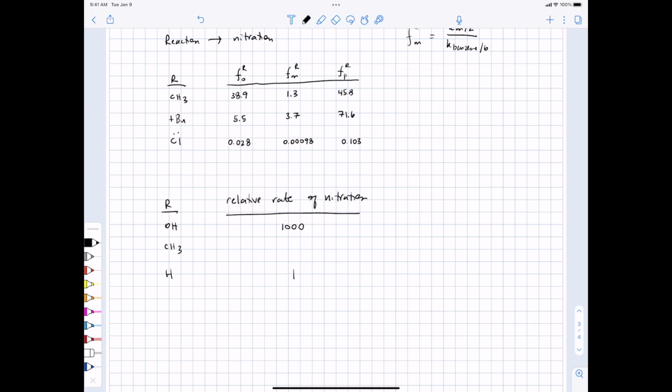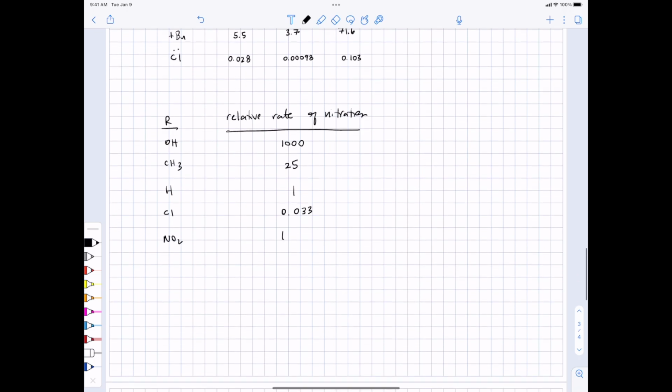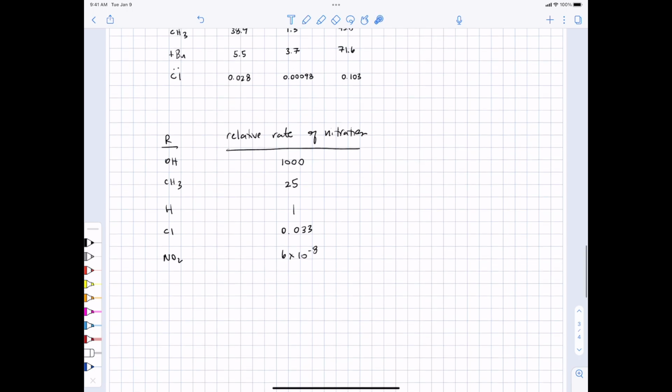Methyl, as you've seen, is maybe about 25 times more than proton. Chloro is 0.05 or 0.33, and again, these data do not separate out the regioisomers. And if you put nitro there, the subsequent nitration is way, way, way slower.